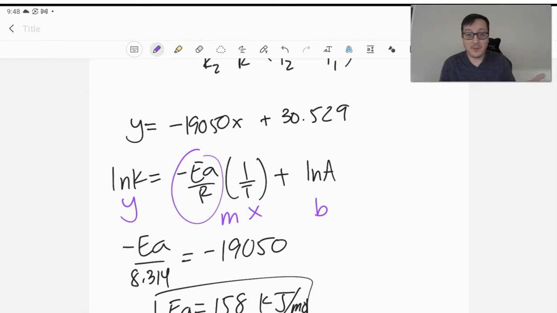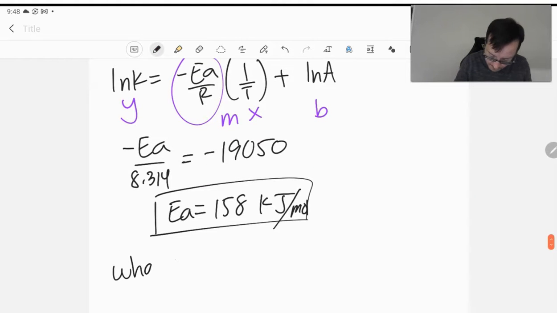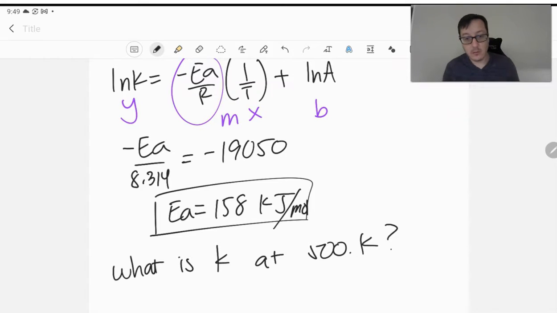And now if we wanted, we could figure out what k would be at a new temperature. Say we want to figure it out when it's 500 Kelvin. Well, we have an equation for this, right?